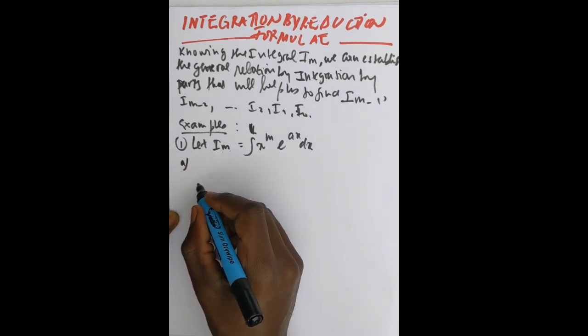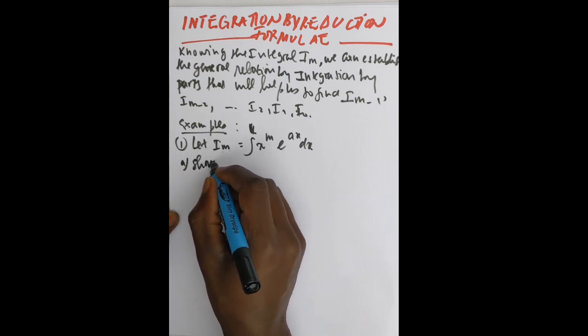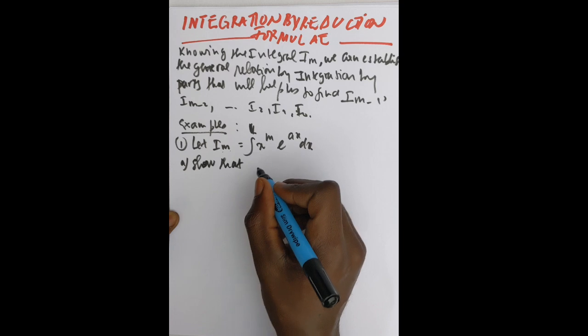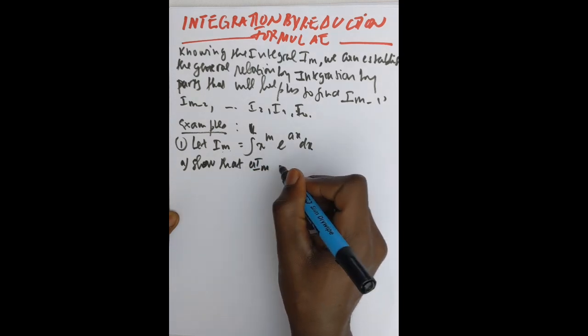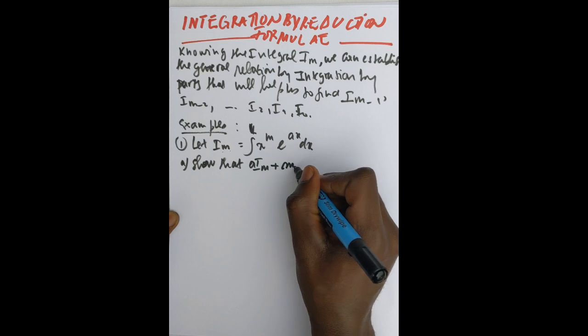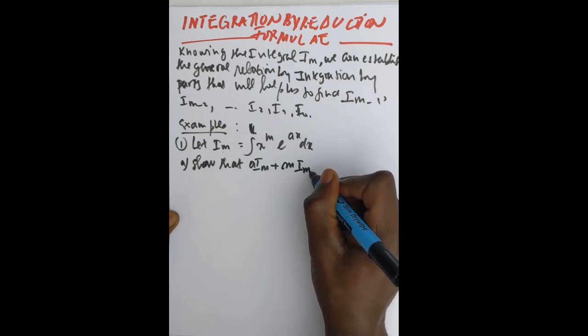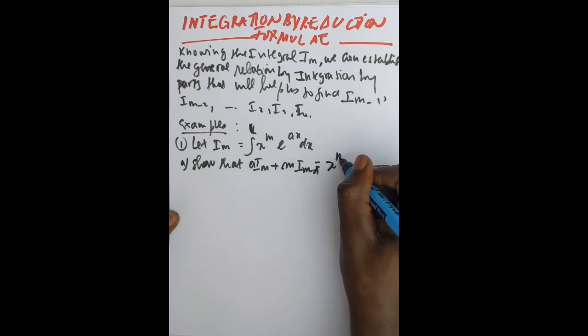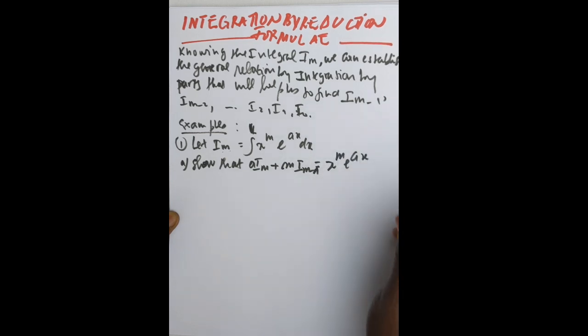Number A, show that a Im plus m Im-1 is equal to x power m e power ax.